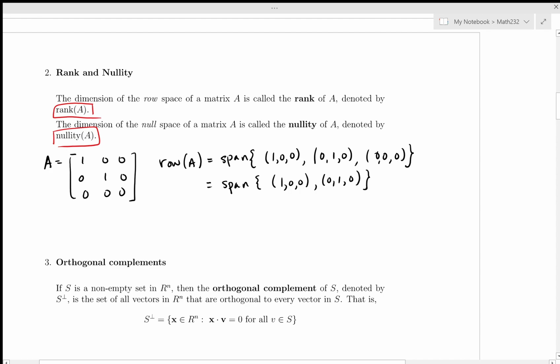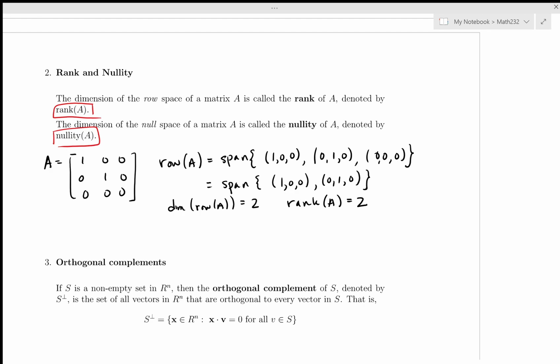Then I see that I've got two linearly independent vectors spanning a space, so the dimension of the row space of A is equal to 2. That is what I call the rank. So the rank of A is 2.